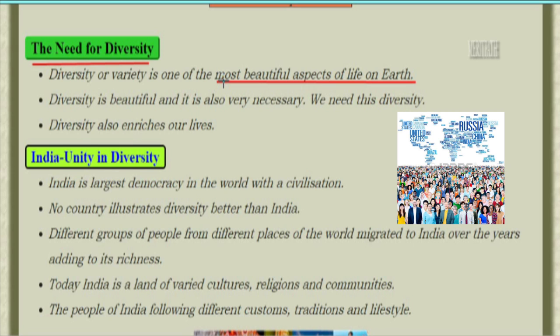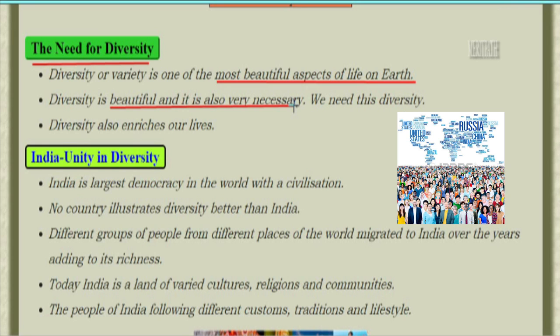And the existence of life on planet Earth is a very unique and exclusive feature which is not present on other planets, right? That is the reason diversity or variety exists on planet Earth. Diversity is very beautiful also because there are lots of people who look different from each other, and there are very many beautiful people also. So we can say that diversity is beautiful and also very necessary, and we need this diversity.